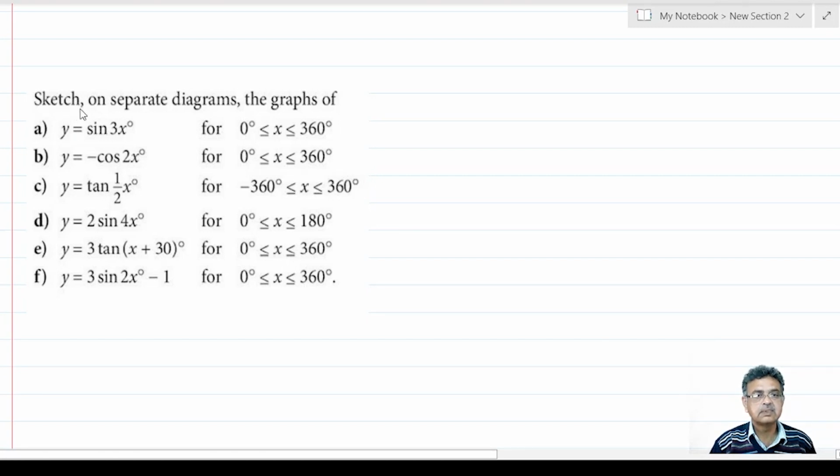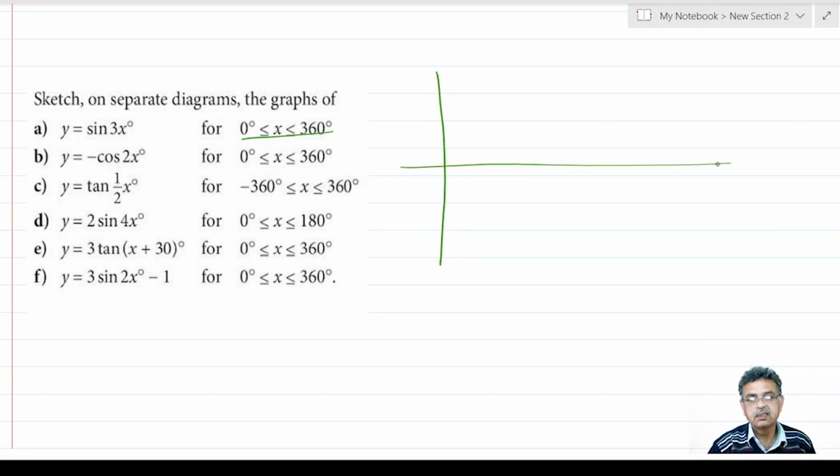Look, you are asked to sketch the graph. So if we sketch the graph of y is equal to sine 3x, and this is domain 0 to 360 degrees. So within 360 degrees, how many cycles will be there? 3 cycles.